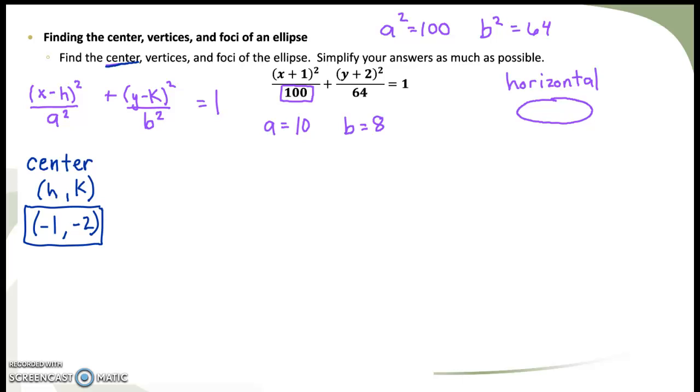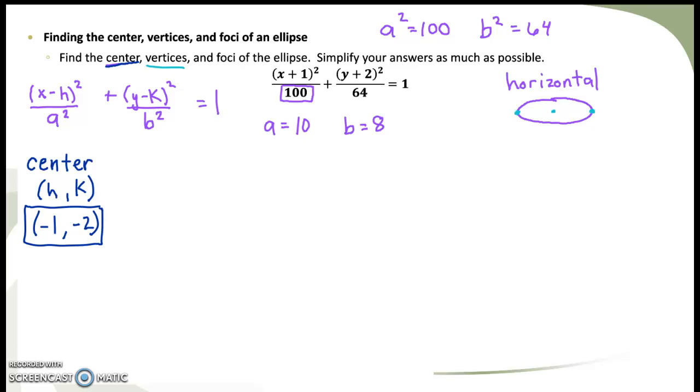Now when we're trying to find our vertices, what do we do? Well, our vertices from the center, if you look at this picture over here, are going to be added onto our x value because our x value is what stretched the most.